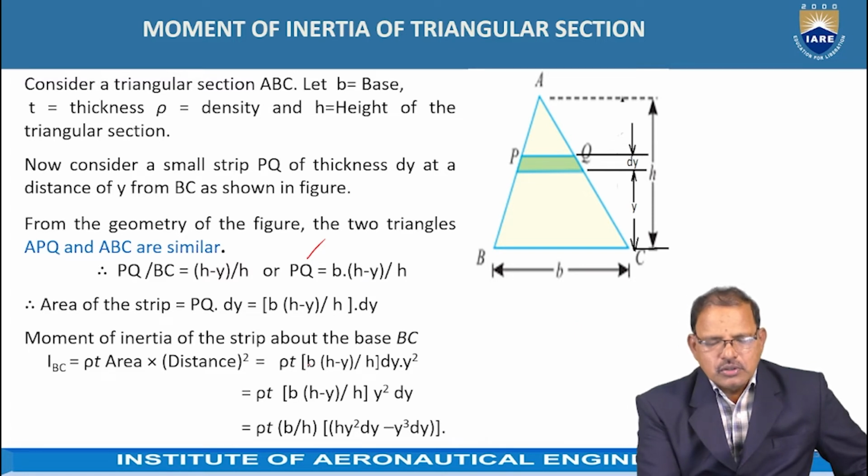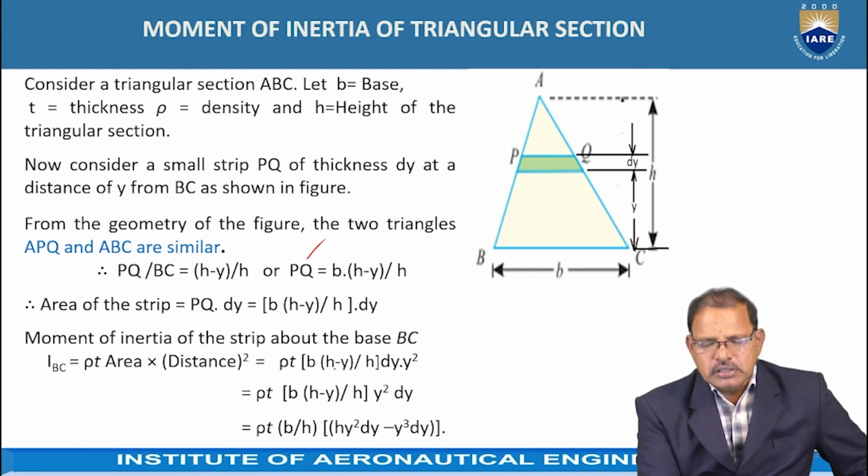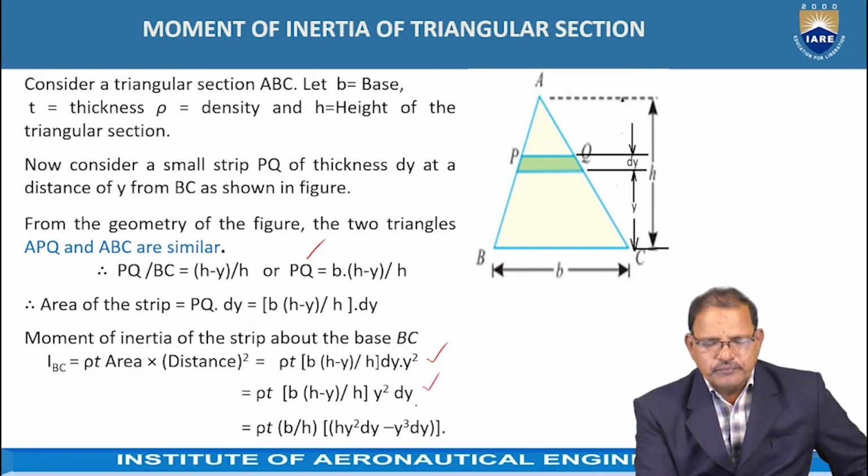That equals rho T, area is B into H minus y divided by H into dy, and the square of the distance is y square. So from this relation, rho T B into H minus y by H into y square dy.